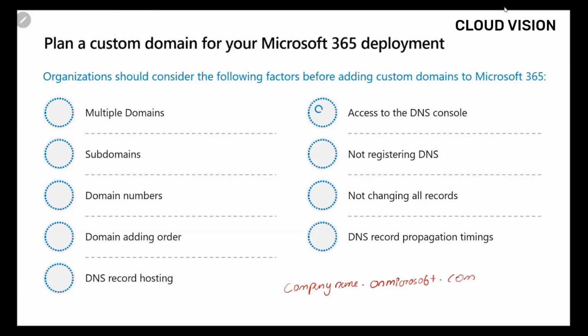So if your company name is Contoso, it would become contoso.onmicrosoft.com. But as an organization, you have an option to add your custom domain, which will be used when you're creating usernames, when you're managing email addresses, and so on. So as an organization, I can choose to add a custom domain, maybe something like contoso.com.